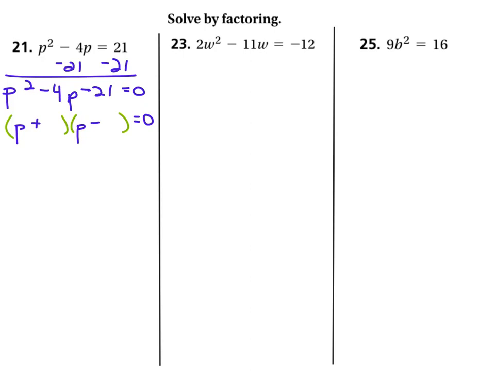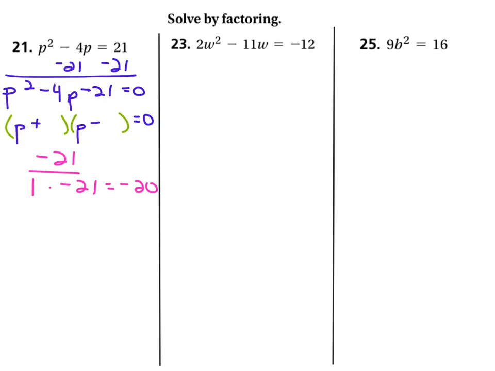As you can see, the number in front of p squared is a 1. It's got a coefficient of 1, this right here. And so we're really just doing 1 times negative 21, getting negative 21, and listing the factors of that. Okay, 1 times negative 21. And again, I'm going to shorten it up here, and I'm going to do my trick, which is to say, if these add to be negative 20, and I needed it to be positive, then we could just switch the sign of it.